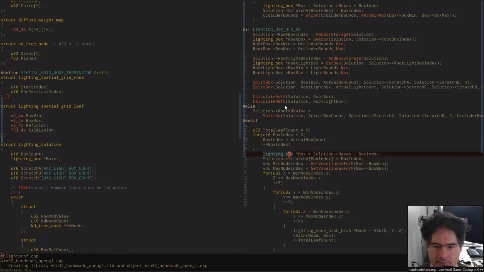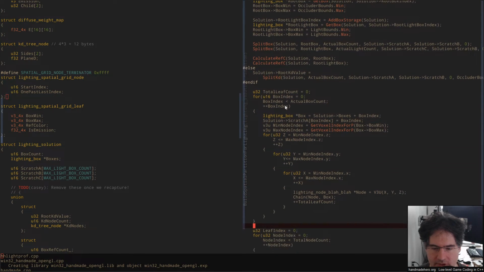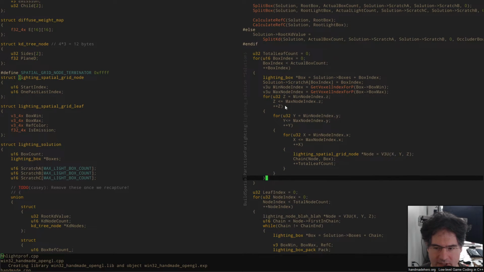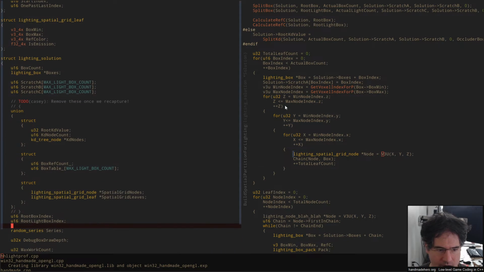So if we push forward a little bit further here, when we want to do this chaining operation, we do want to pull out the node, and that's going to be this. And in order to pull out that node, we need some way of getting a grid index from... so we've got spatial grid nodes.